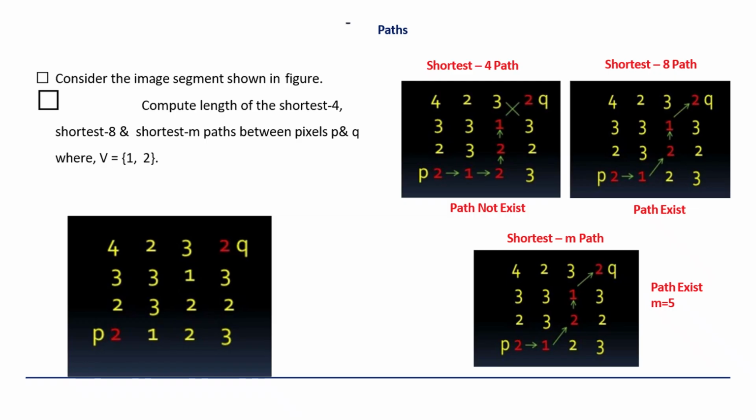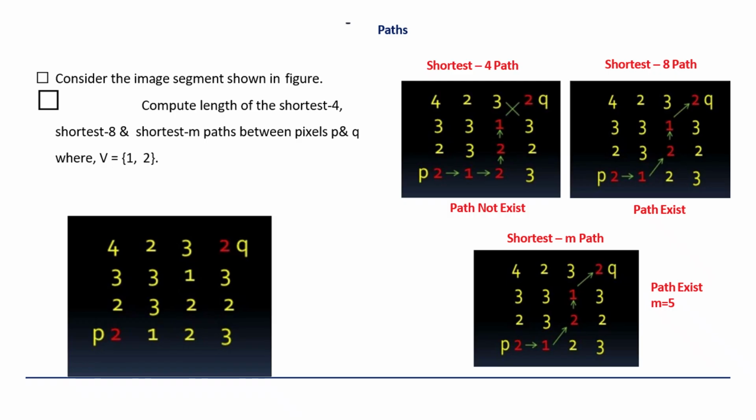But in this segment, they have given all the combinations of 1, 2, 3 and 4 between P and Q. For the shortest 4-path, starting from 2, we can move to Q only where 1 or 2 exists.